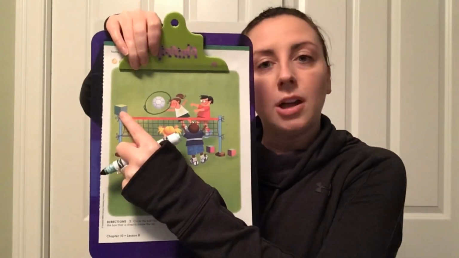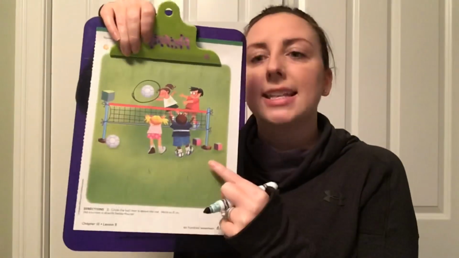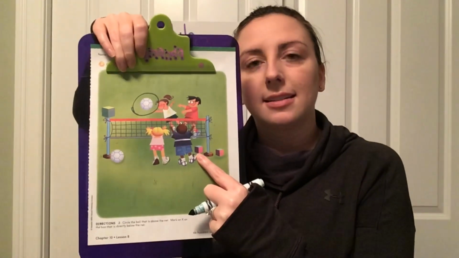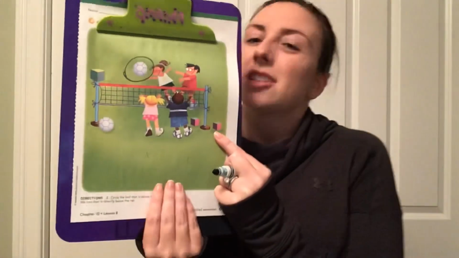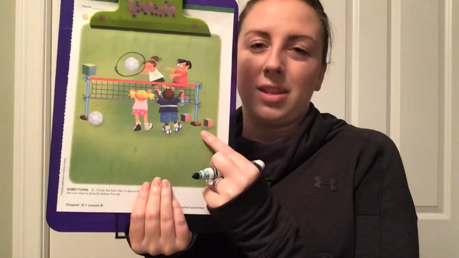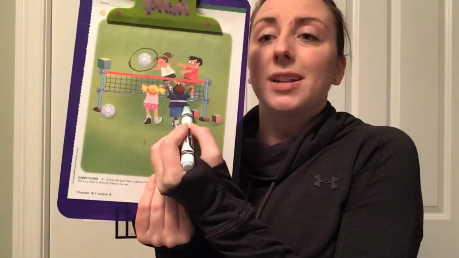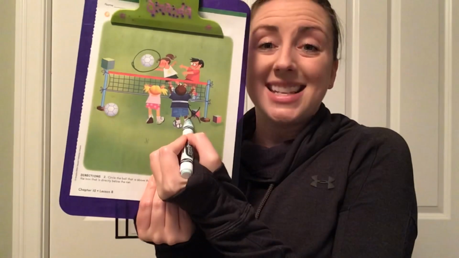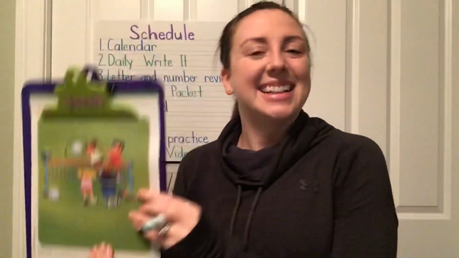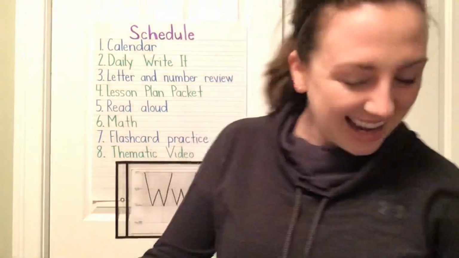Is this one below the net? Well, kind of. It's also off to the side, though. So it's not directly below the net. It's next to the net. So we need to put an X on this cube because this is the one that is directly below or under the net. Nice job, guys. All right, we are almost finished today.